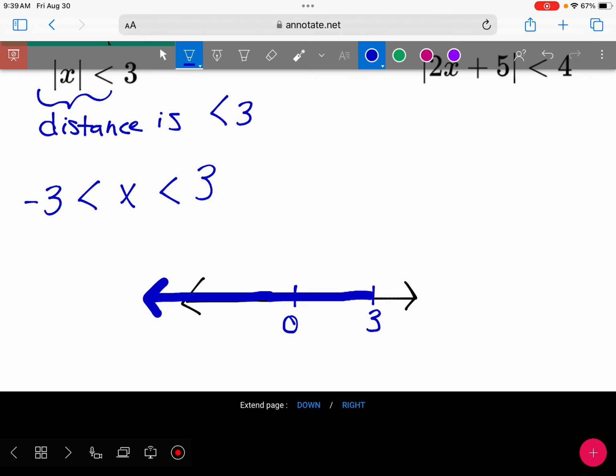But it's the absolute value. So if I took the absolute value of negative 4, would that be true here? No. So I need to know when its distance stops being less than 3. So it's not going to keep going forever. It's going to stop at negative 3.